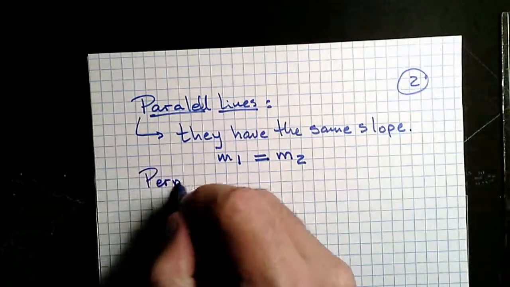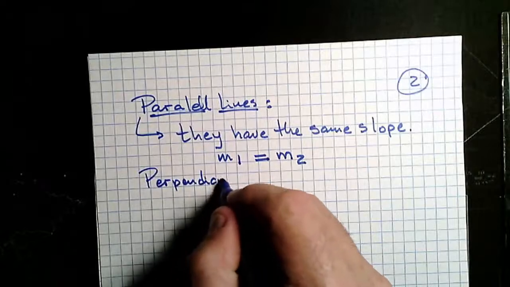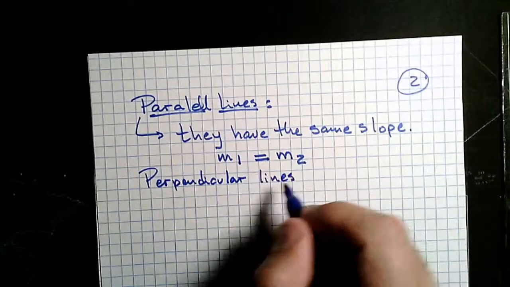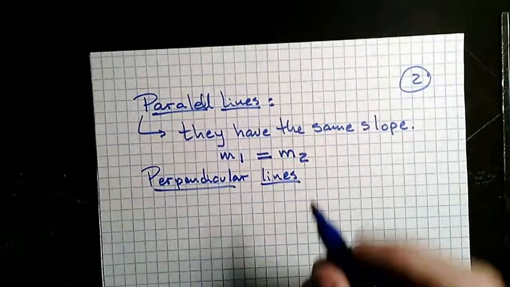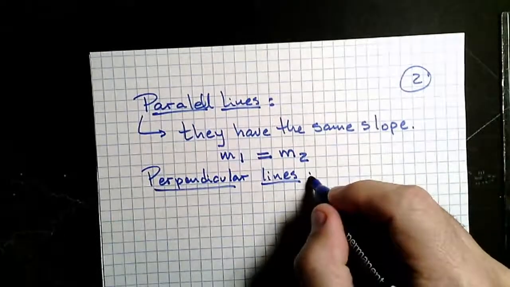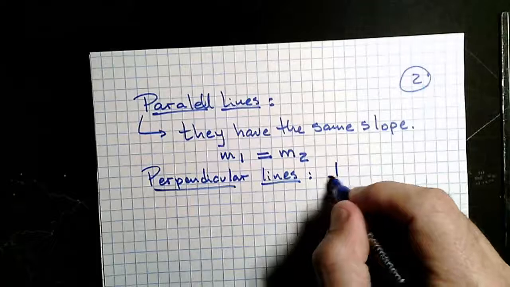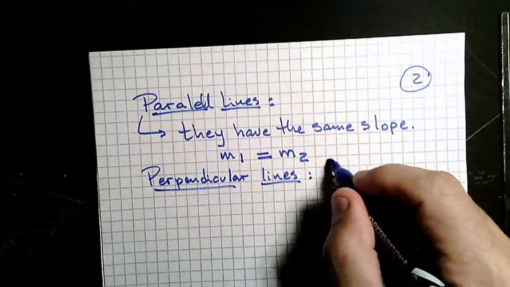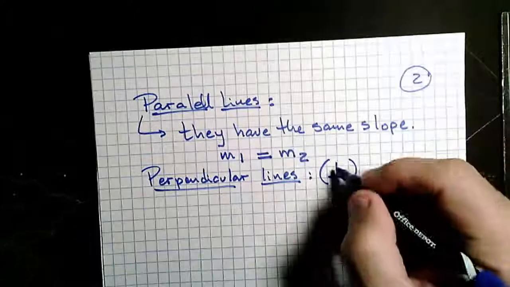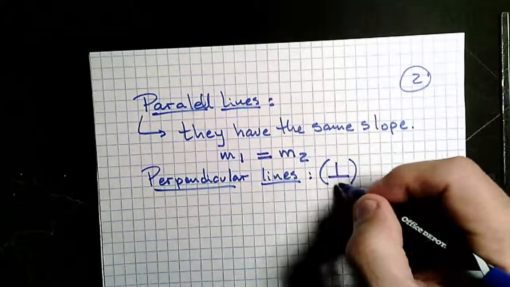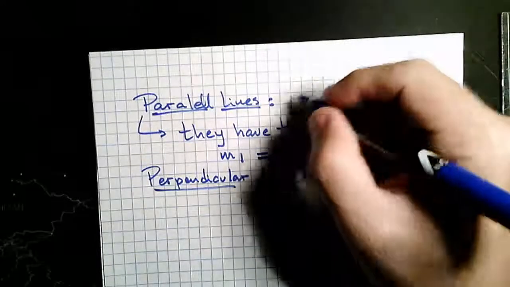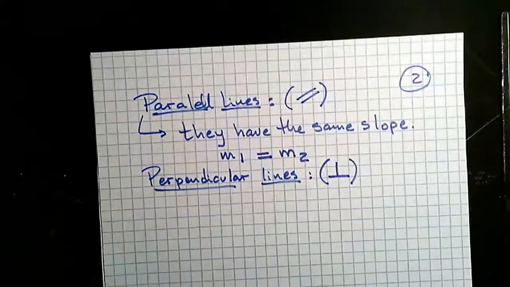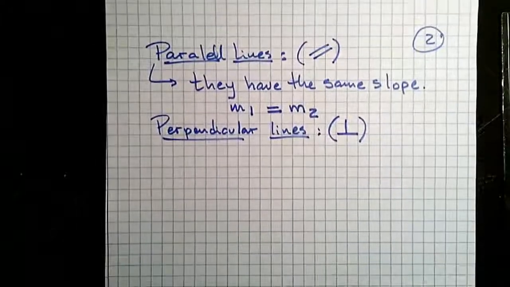Okay, so two lines are going to be perpendicular. Let me finish writing this one. The symbol to be perpendicular in mathematics is like this, okay? Like a T, but upside down, okay? So perpendicular lines.